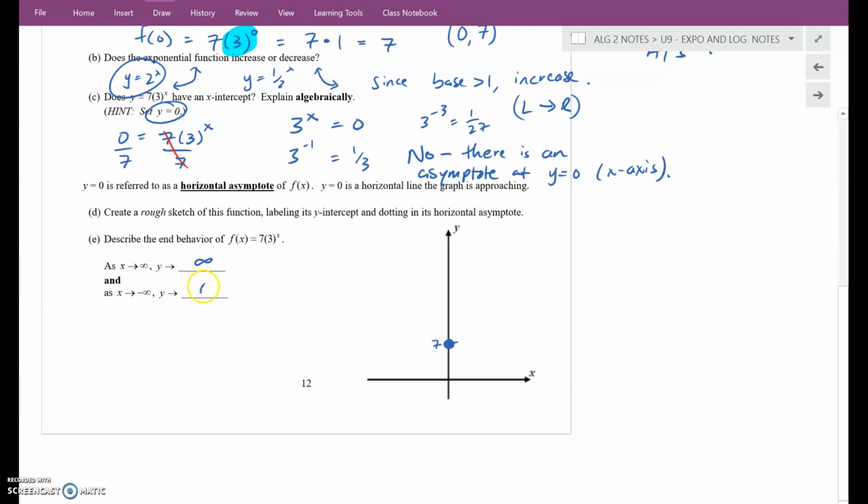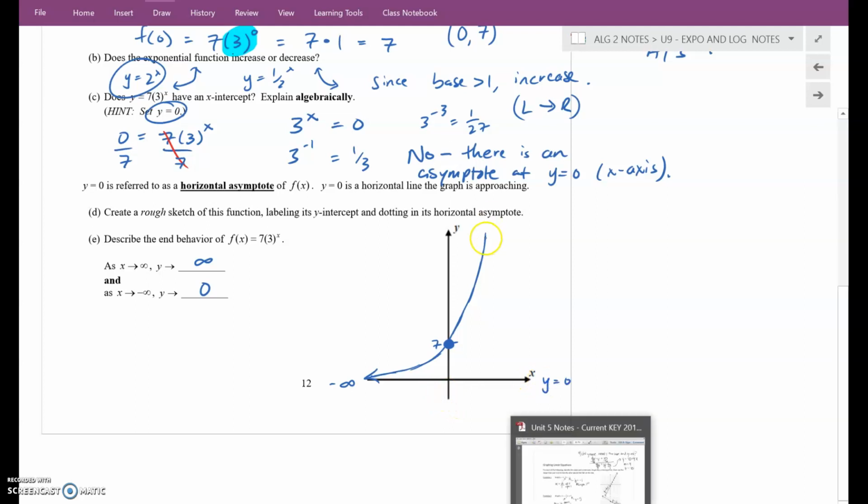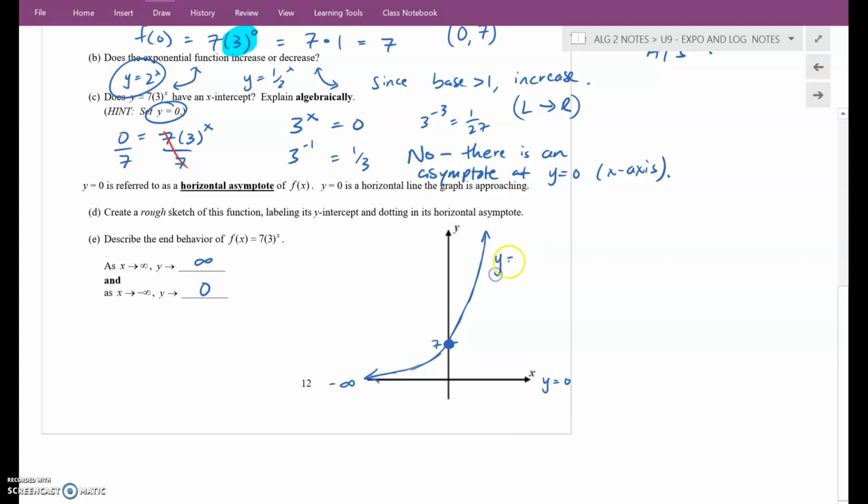No, the answer is it approaches 0. And we'll see that the minute we draw our sketch. Here I am approaching negative infinity in the x direction, and I'm approaching y equals 0 in the y direction. Okay, so that's just a rough sketch of y equals 7 times 3 to the x.